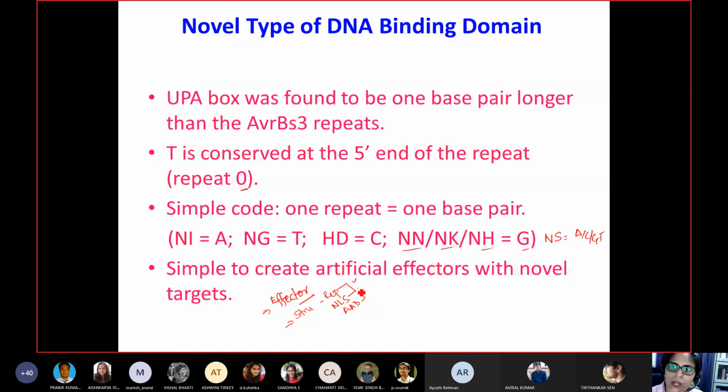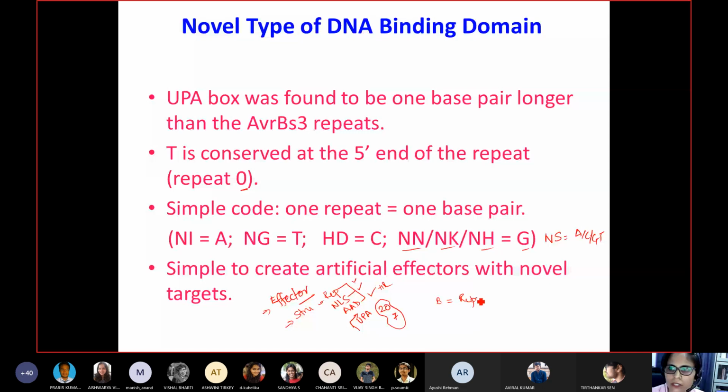Then it was found that once it is inside the plant, when it infects the plant, certain genes are upregulated, and these were defined as UPA genes. Some of the direct targets of the UPA genes, for example UPA20 and UPA7, were found to be direct targets of these effector proteins. Once they found the direct targets, people looked closely and found that whenever you have a direct target, its promoter region is almost similar to the repeats with which it is targeted.